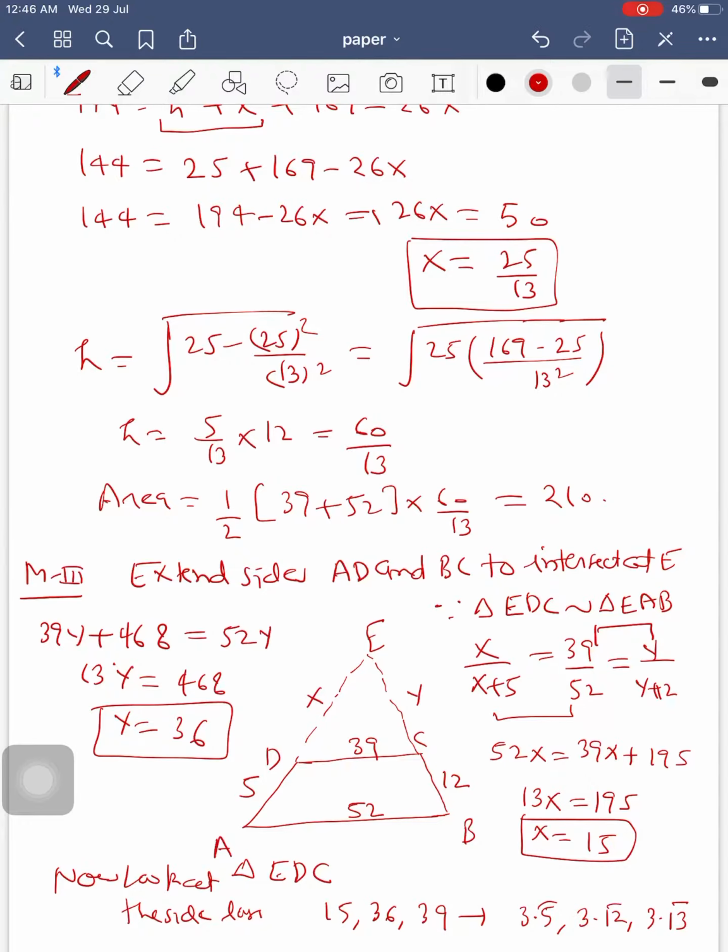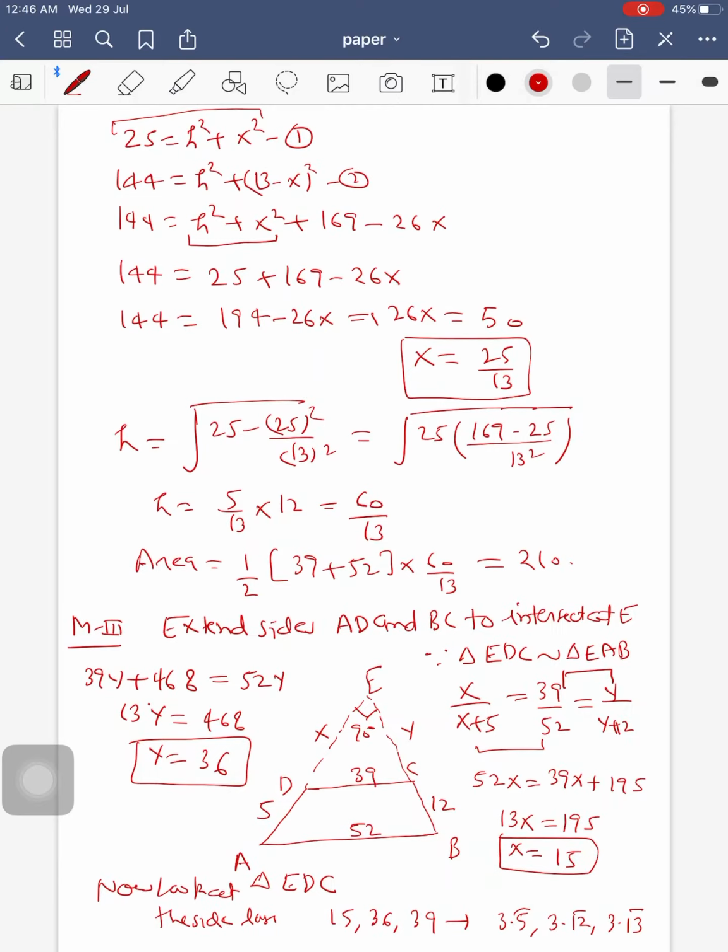Since 5, 12, 13 is a Pythagorean triplet, any positive integer multiple of 5, 12, 13 is also a Pythagorean triplet. And if the side lengths of triangle EDC form a Pythagorean triplet, then definitely angle E is 90 degrees. Triangle EDC becomes a right angle triangle.